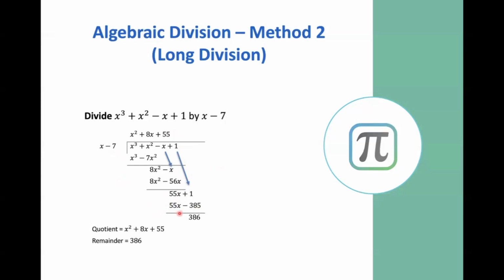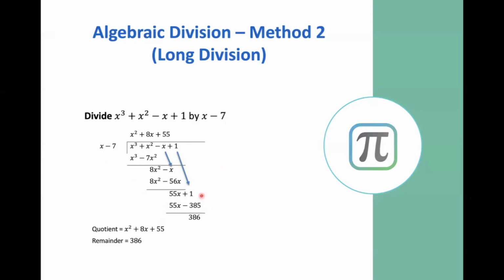and then we have 55x here. So 55 multiplied by x, but we've got to do it by the full expression. So we do minus 7 times 55, which gives us minus 385. And then we subtract as well.